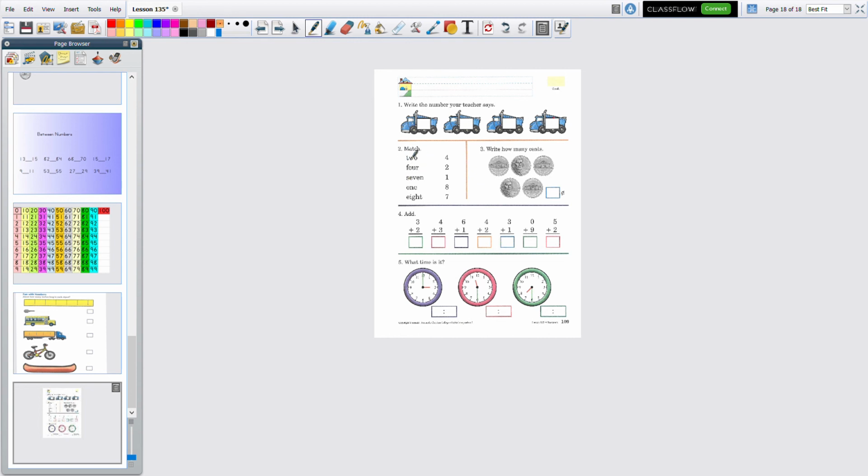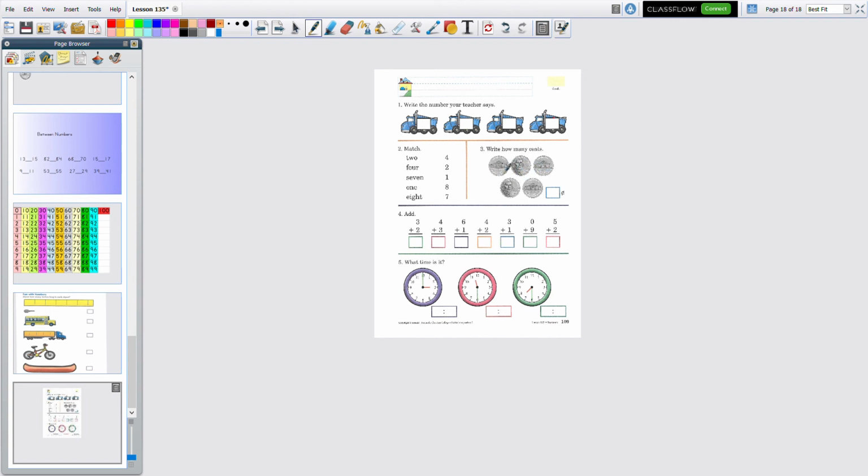Okay, let's go down to the next section, and you know that these are number words. These are numbers. So you can match the number words that are on this side to the numbers that are on this side by drawing a line. On the next section, write how many cents. Now these are the nickels like what we counted earlier. They are nickels.